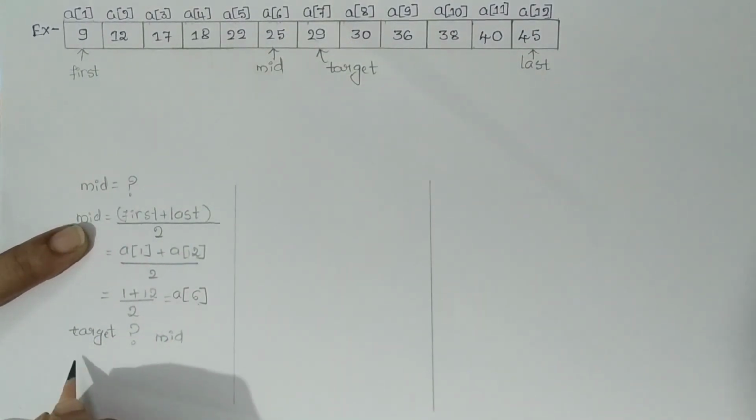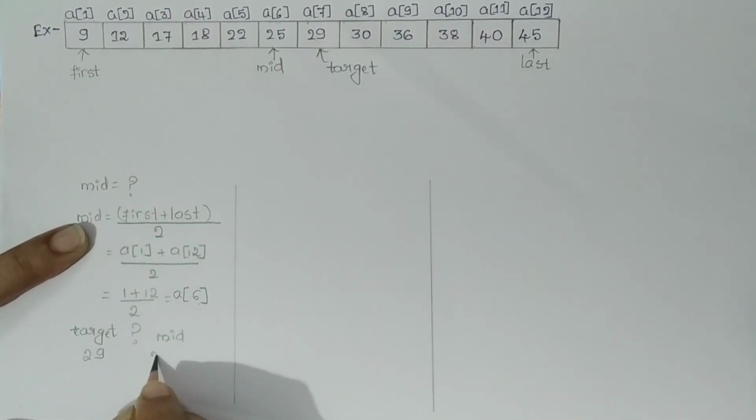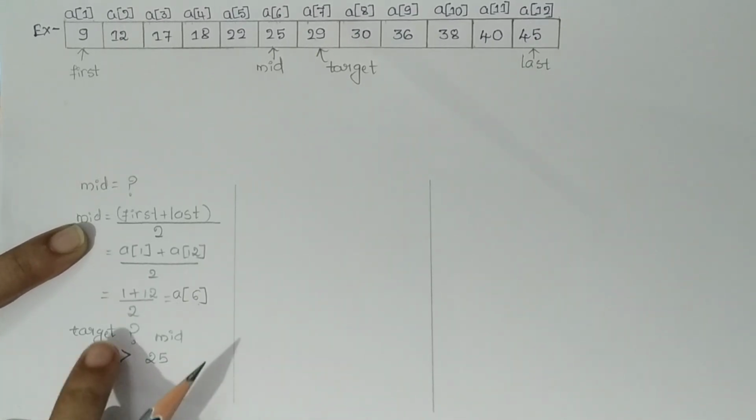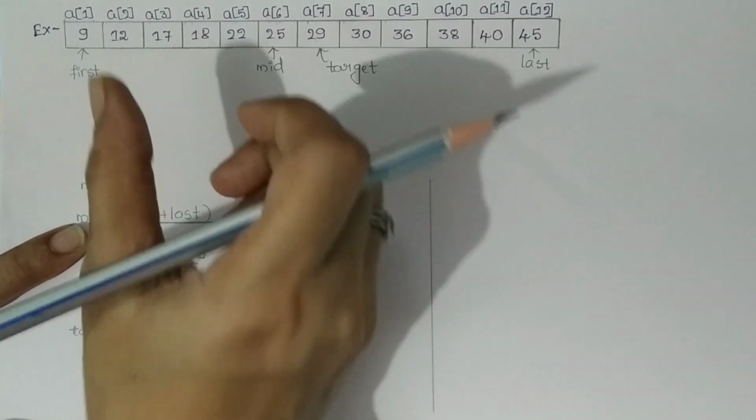Target value is 29 and middle value is 25. Here the target value is greater than the middle value. It means the target value is present in the greater part, not in the lesser part.